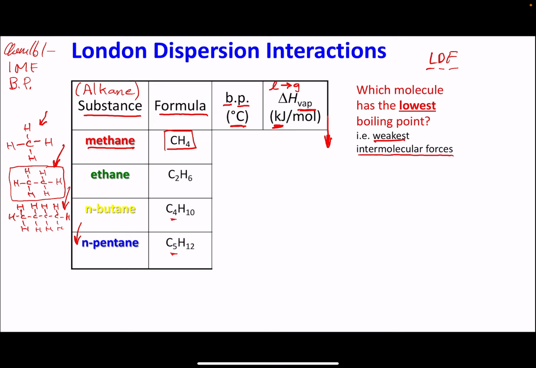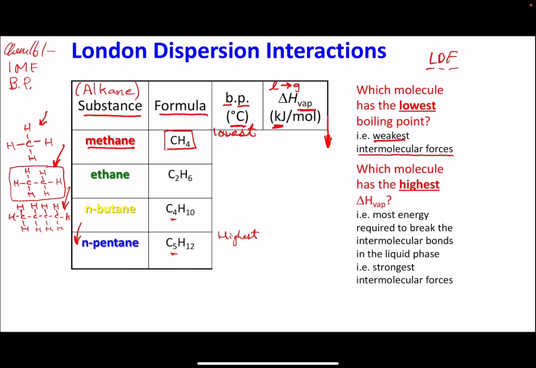Butane, even longer, so the London dispersion forces are going to be stronger and are going to attract butane molecules to one another even more effectively than ethane. And likewise, pentane, even longer. So I would expect methane to have the lowest value for the boiling point, and I'd expect the highest to be the pentane. Good. So those are boiling point thoughts.